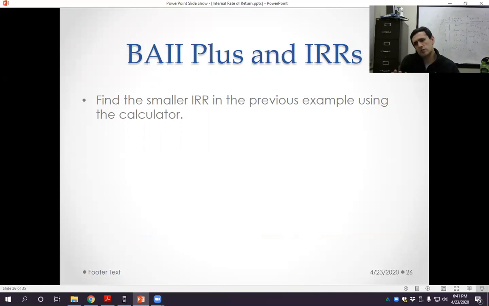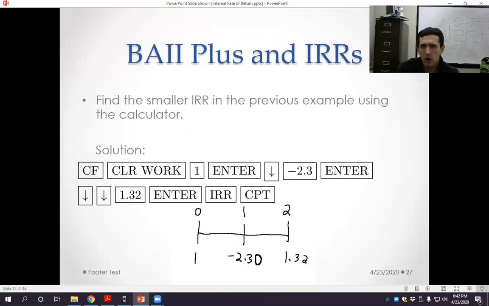And in general, let me explain how you use the calculator to get internal rates of return. This is a mouthful, and I'm just dumping this on screen and on the PowerPoint for your reference in case you just want a quick view. If you forget how to do it, you don't have to go back to the videos.